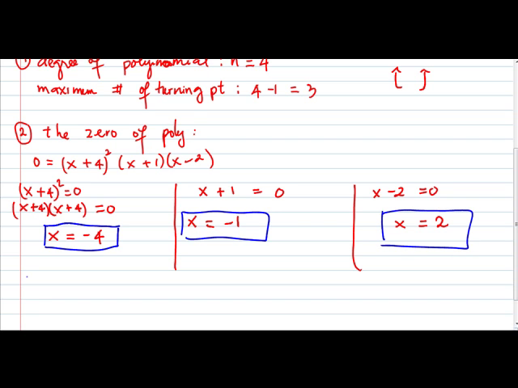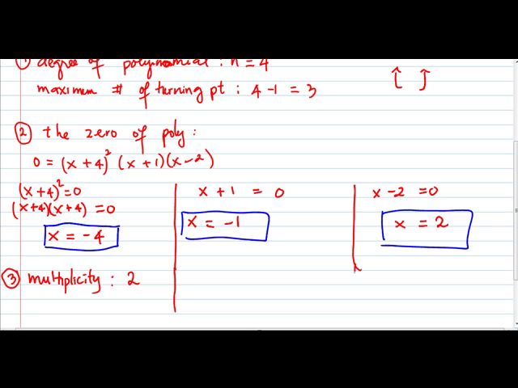Okay. Our next step is determine the multiplicity of these zeros. Now, the multiplicity of this zero is twice, because I have minus 4 twice here, or this 2 here also tells me to have twice.